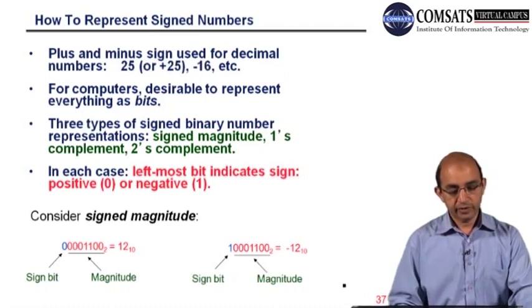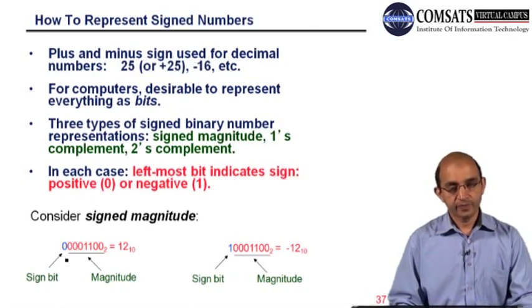So here normally we take complements, right? We have signed magnitude, 1's complement and 2's complement, right? So normally we reserve the leftmost bit for the sign, right? If we have a 1 here, it means this is a negative number.